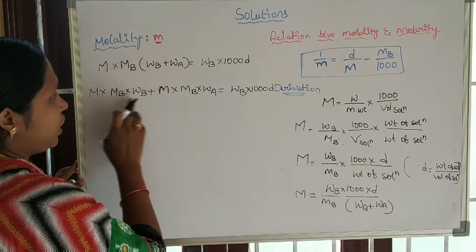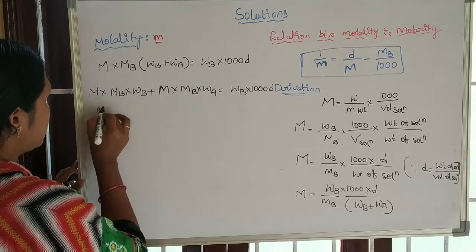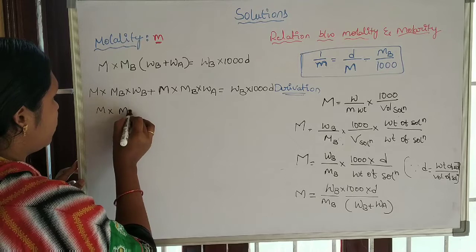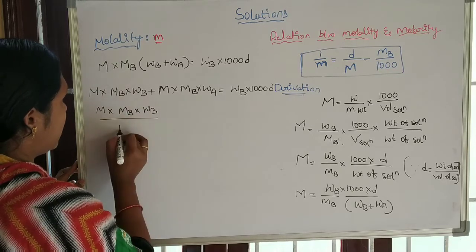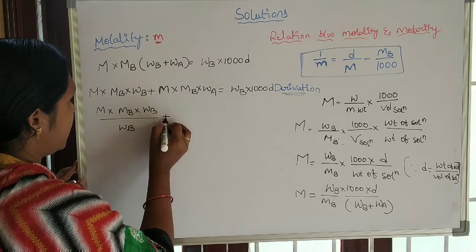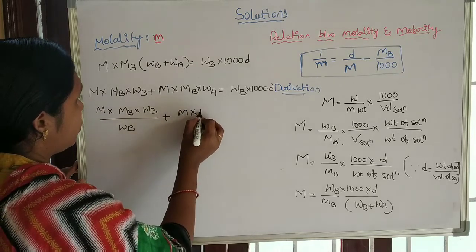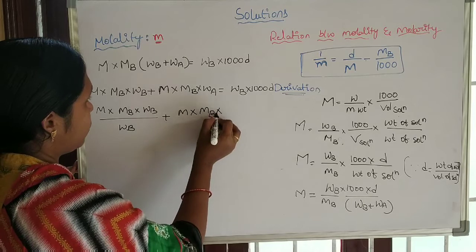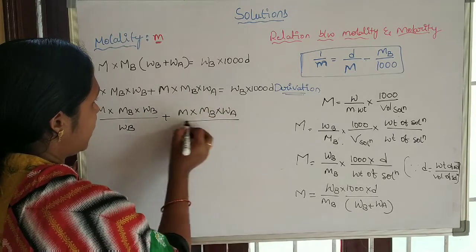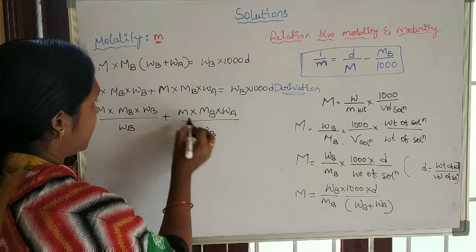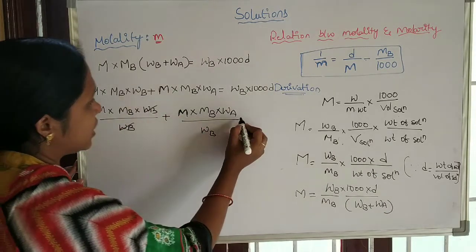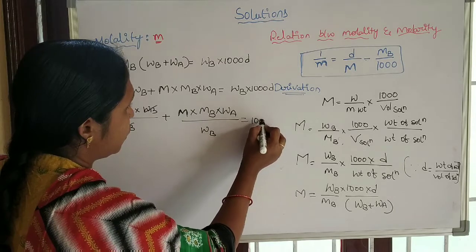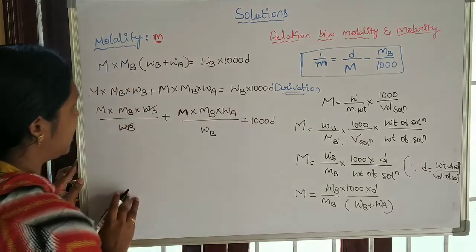That means molarity into MB into WB by WB plus M into MB into WA by WB. Here WB will be cancelled, equal to 1000 into density.